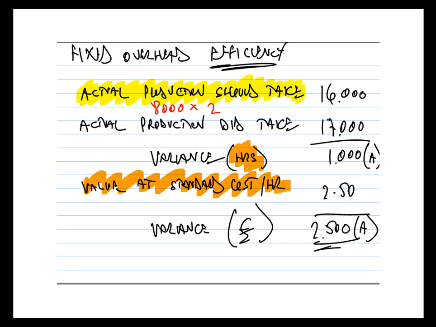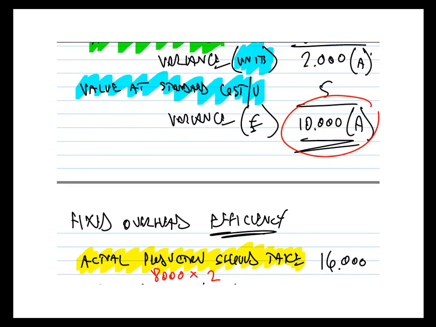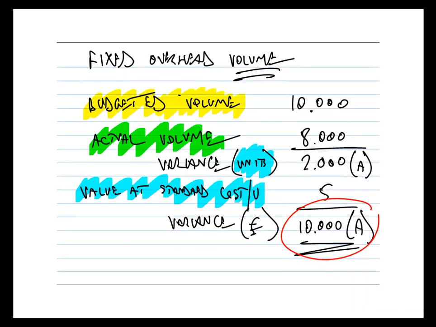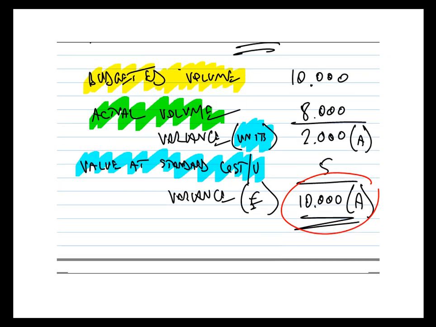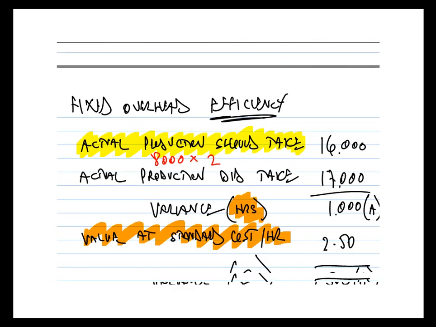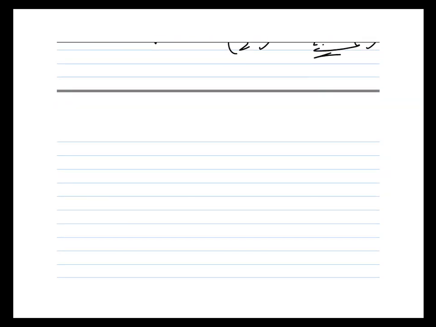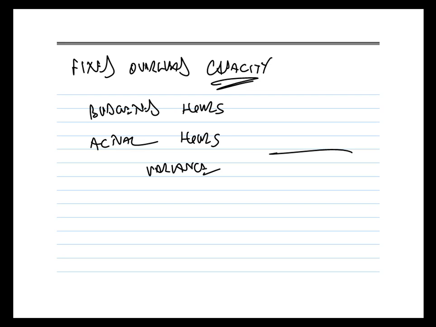So my staff were slow. That's been obviously part of the reason why we ended up with lower volume than anticipated. Well, as well as the fixed overhead efficiency variance, we can also come up with a fixed overhead capacity variance. Now, capacity is looking at the ability to produce based on the number of hours you've got to work.